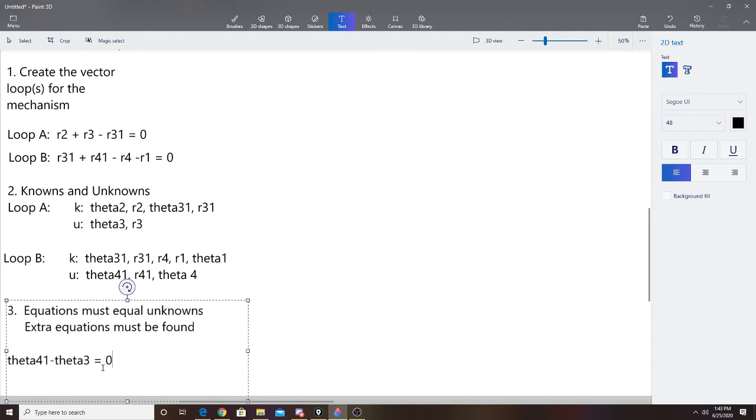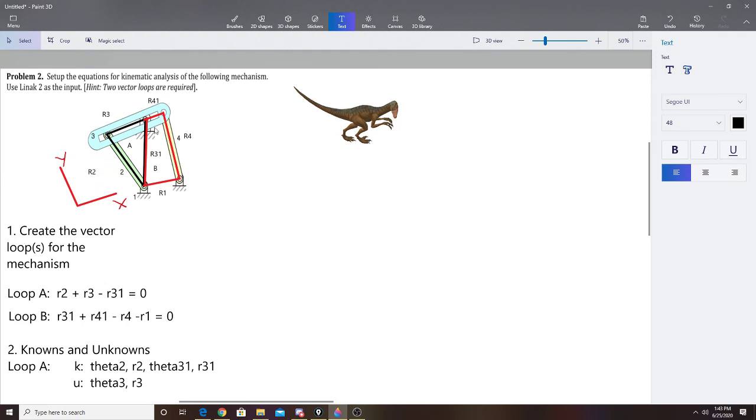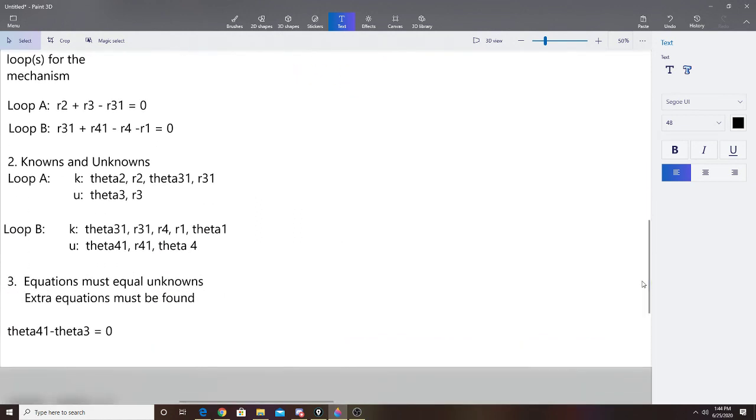Which, if you simplify that, you would find that theta 4,1 and theta 3 must be the same. And that is simply a property because they are sharing this exact same line of this slider. So as this one moves up and this angle becomes a little bit less sharp, this one must do the exact same. They move and perfectly relate to each other. So that is the next equation we must find. But I think you can do it the way you talked about it, Rosendo. I'm fairly certain you can.